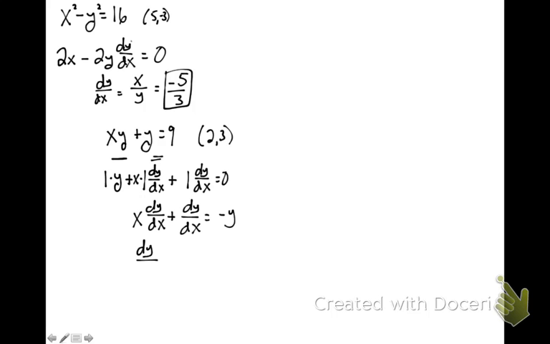So dy/dx times x plus 1 equals negative y. So dy/dx equals negative y over x plus 1. And specifically at the point 2, 3 will equal negative 3 over 3, or negative 1.